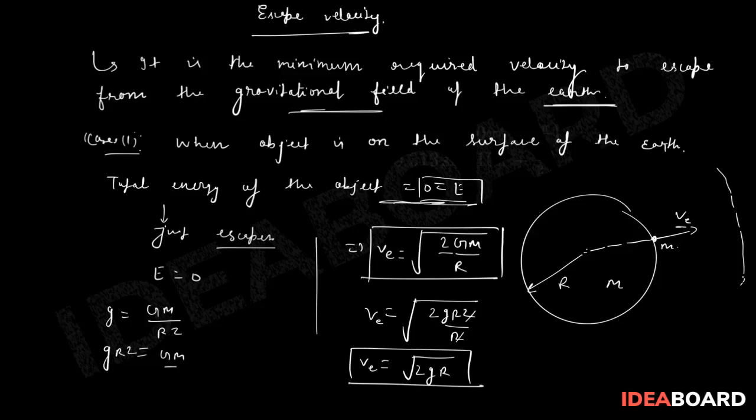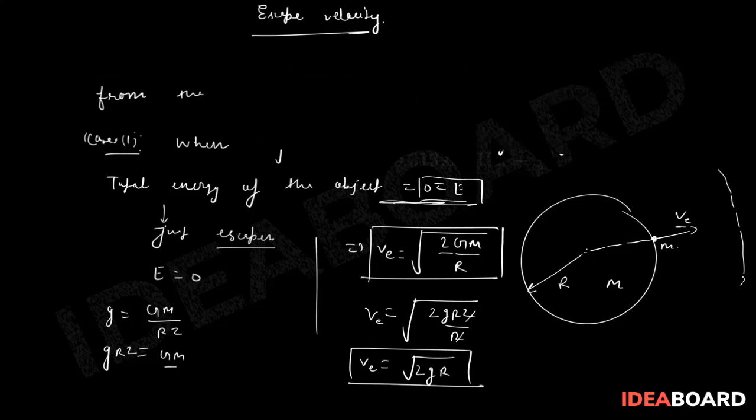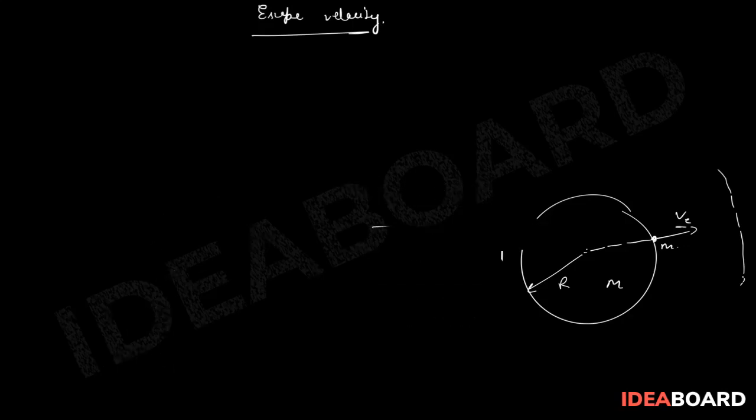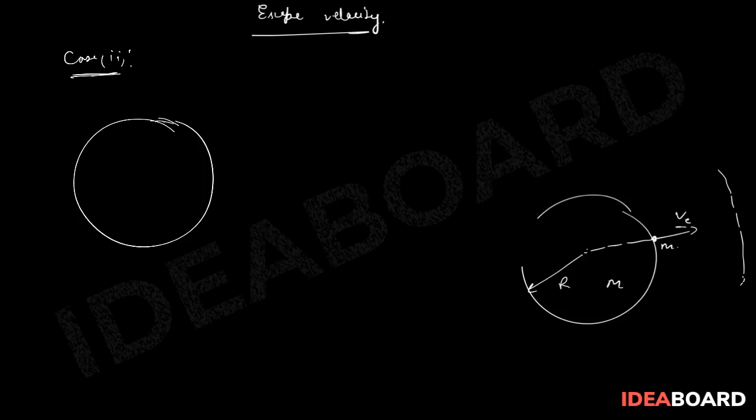Now if I am talking about case number 2, let me remove this. In case second, we can have the situation, let's say this is our earth of mass M, and this was our body initially at point P. Now our body is at point P dash, so obviously this is at some height.